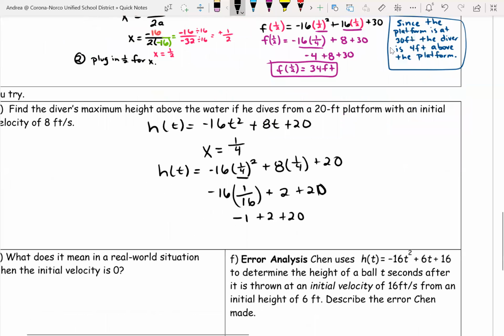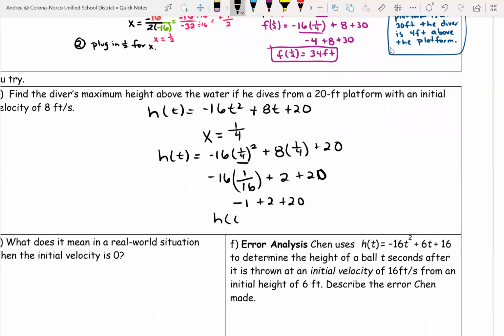So h of 1/4, oops, I shouldn't have a t there. I should have h of 1/4 equals 21, right? Okay, and it asked me what is the maximum height above the water.